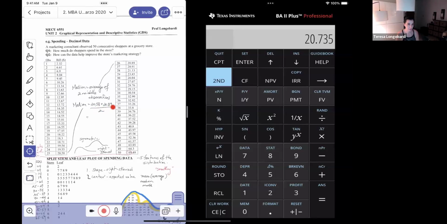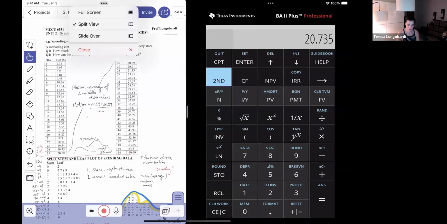Here we used 2 decimal data, so I use up to 4 decimal places, 0.735.